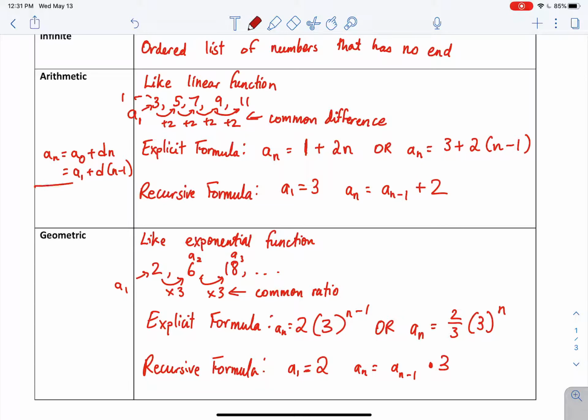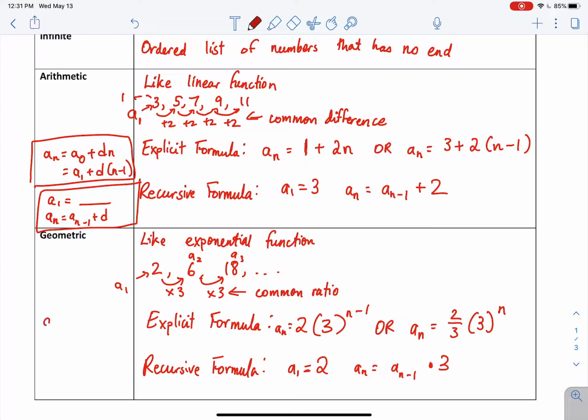Oh, I forgot to write. So this is the general explicit arithmetic formula. For recursive, this would be the general recursive formula. So you tell me what a sub 1 is and then write what to do to get the next term.